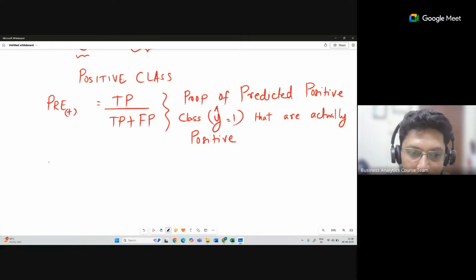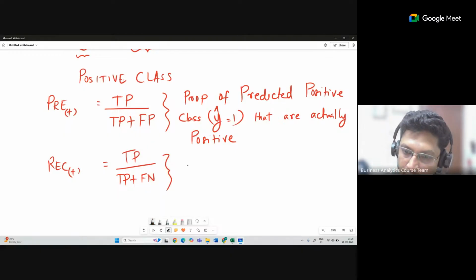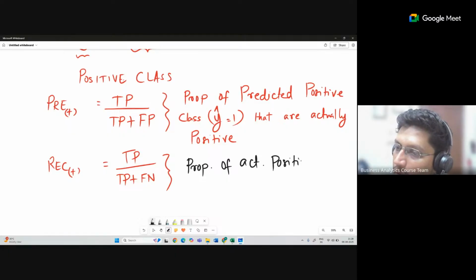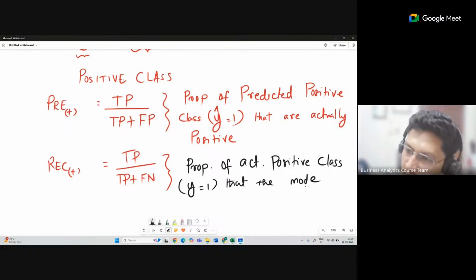Similarly, recall of the positive class is equal to TP by TP plus FN. Again, the definition could be the proportion of actual positive class, y is equal to 1, that the model identified correctly.